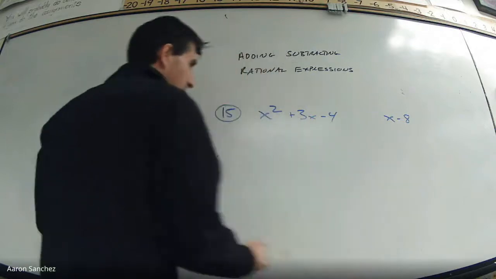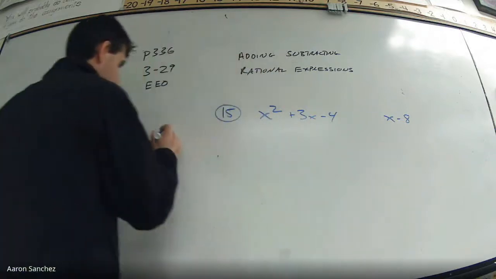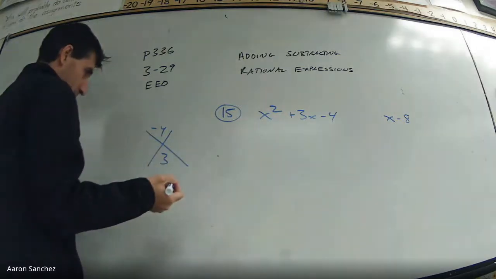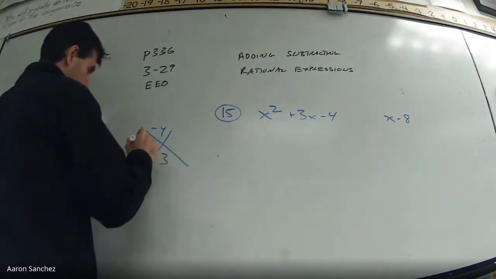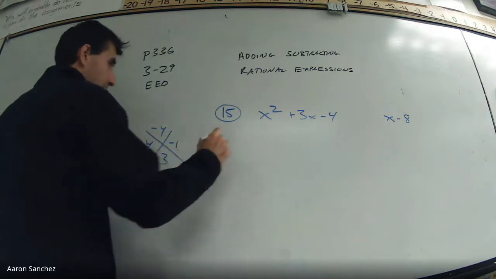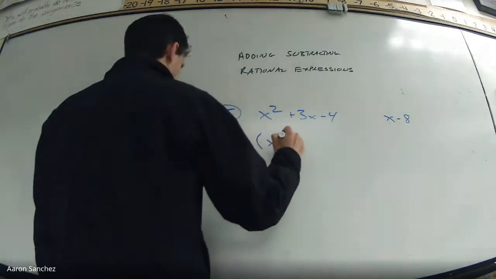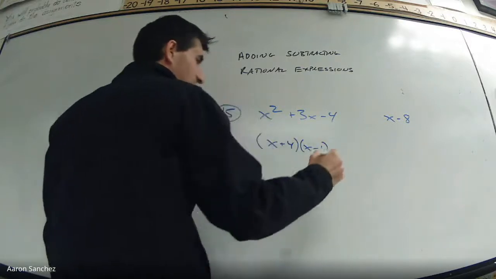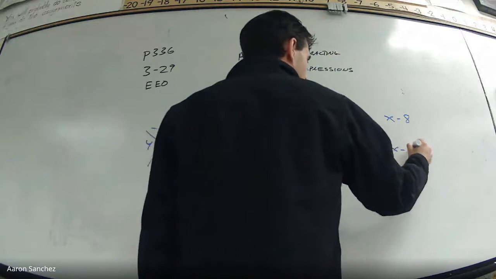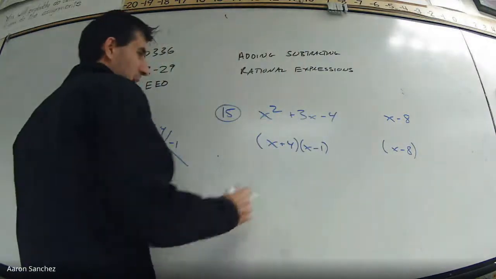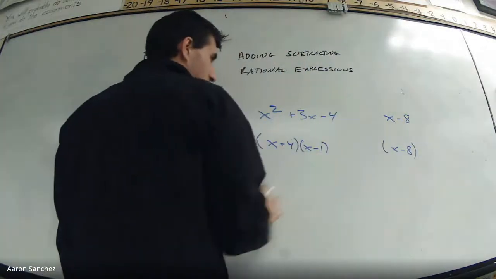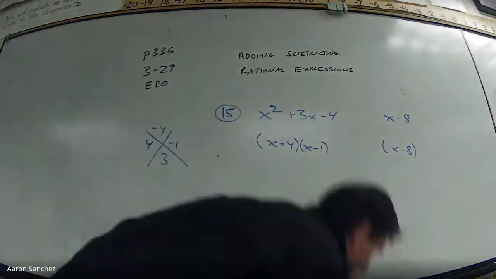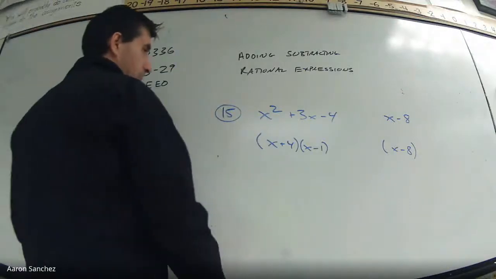Let us figure out, let's factor it out if I can. What times what equals negative 4 and adds to 3? 4 and negative 1, right? So this is x plus 4 times x minus 1. And this is x minus 8. So I take it back. If this had an x minus 8, you can just throw one in there. So they're not the same. So let's just leave it at what we said before.